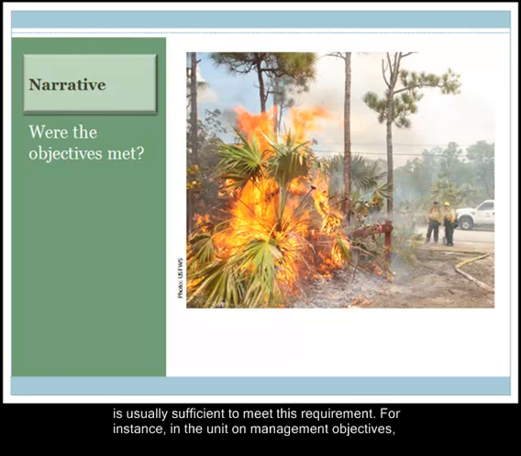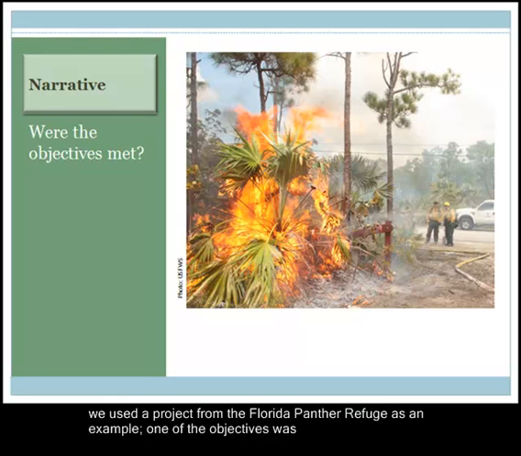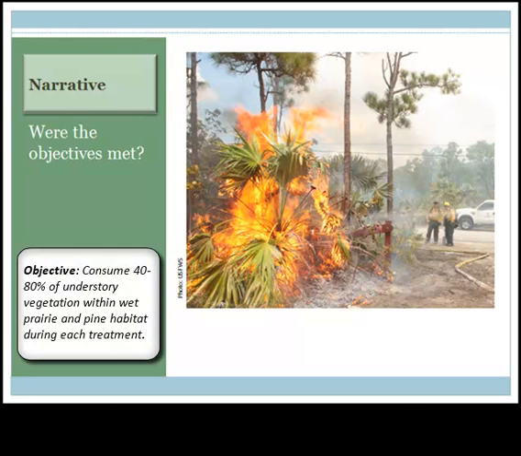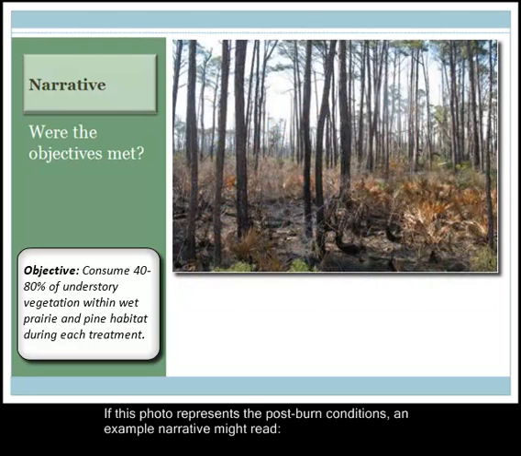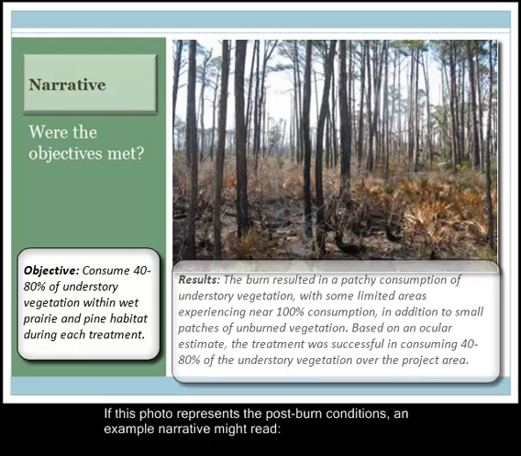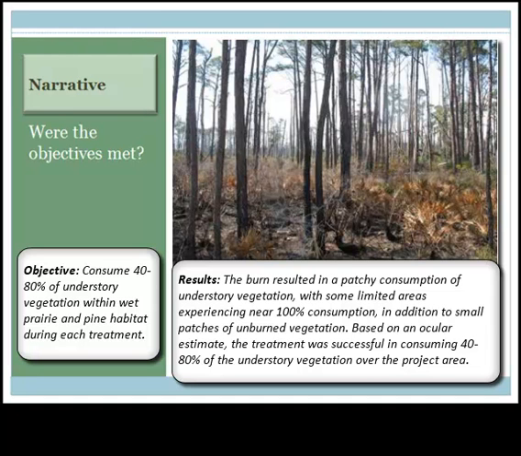For instance, in the unit on management objectives, we used a project from the Florida Panther Refuge as an example. One of the objectives was to consume 40 to 80% of the understory vegetation within wet prairie and pine habitat during each treatment. If this photo represents the post-burn conditions, an example narrative might read: the burn resulted in a patchy consumption of understory vegetation, with some limited areas experiencing nearly 100% consumption, in addition to small patches of unburned vegetation.